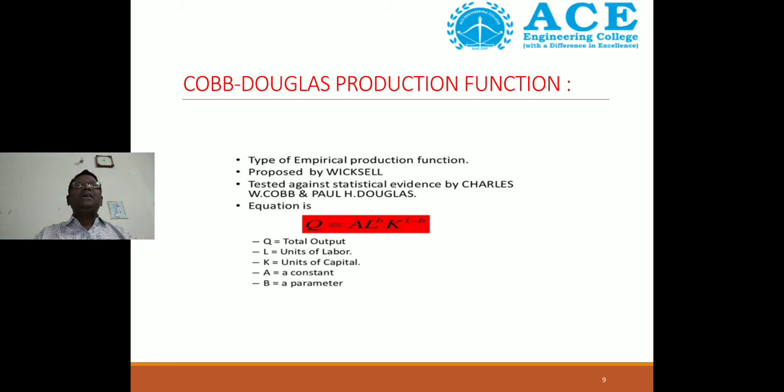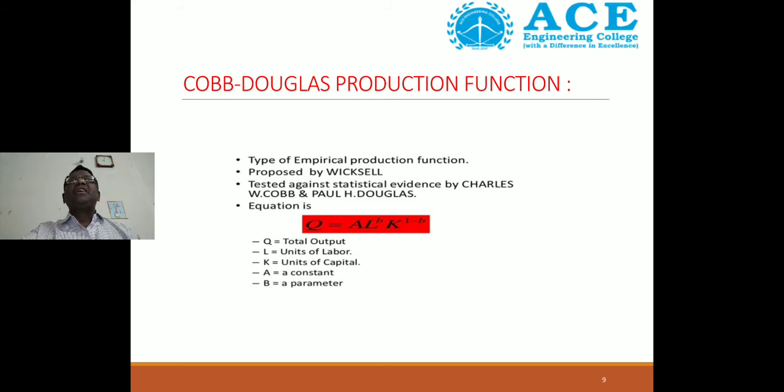Q indicates total output, L indicates units of labor, K indicates units of capital, A indicates constant, and B indicates the parameter. Now you clearly understood.